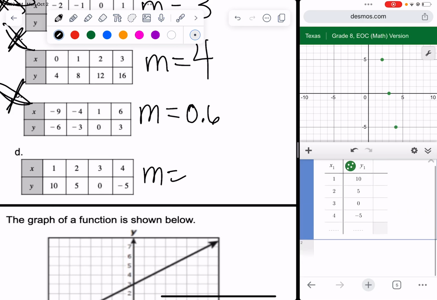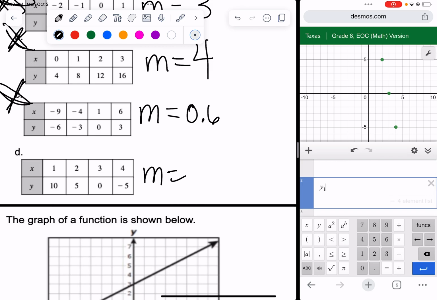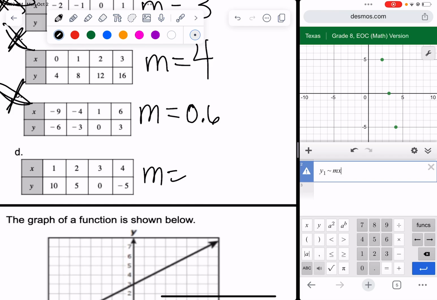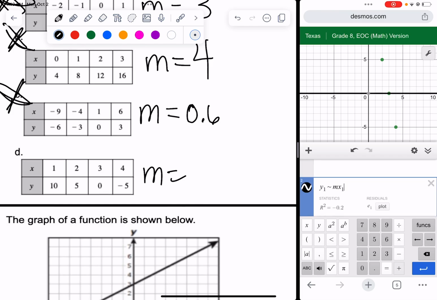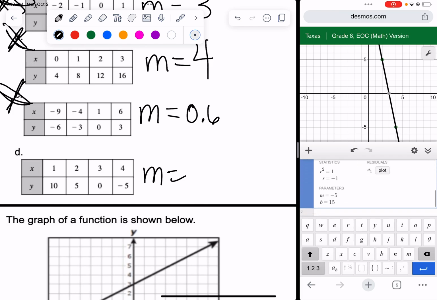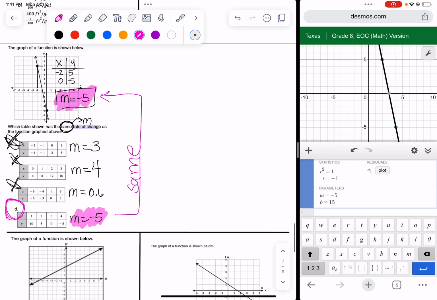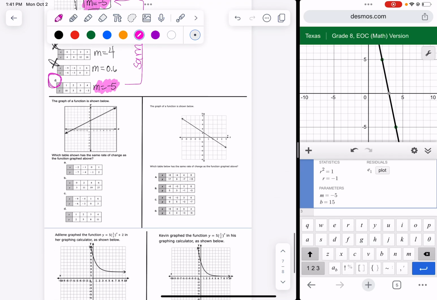Y1 squiggly line mx1 plus b. And that gives me m equals -5. So if we look, we see m equals -5, m equals -5. They are the same. So D would be my answer. You would try the bottom two.